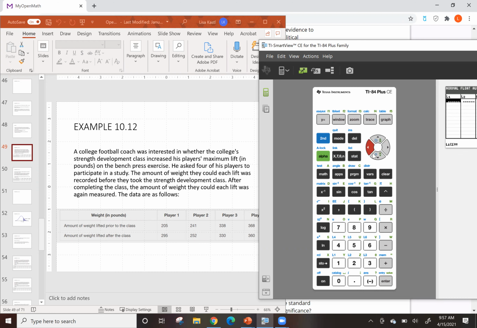Okay, so what did I say to do here? I put after in L1. Okay, and I'm going to put before in L2.